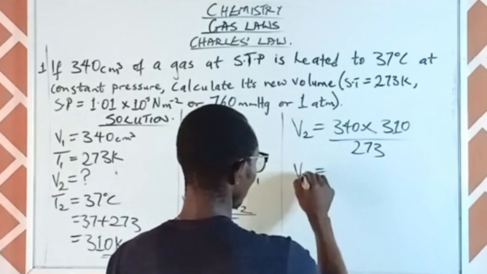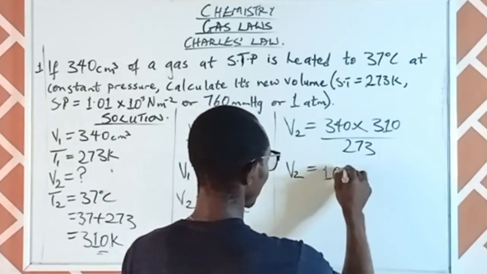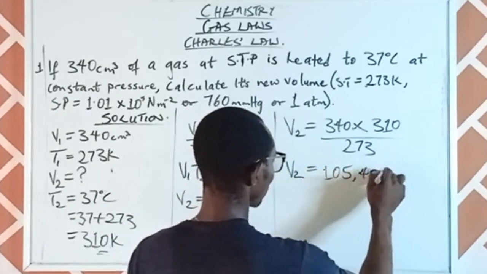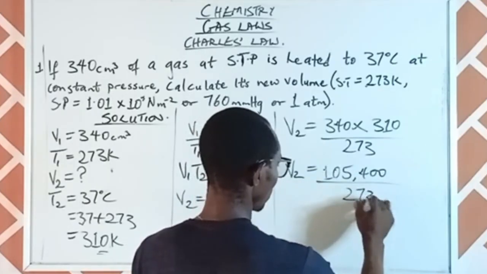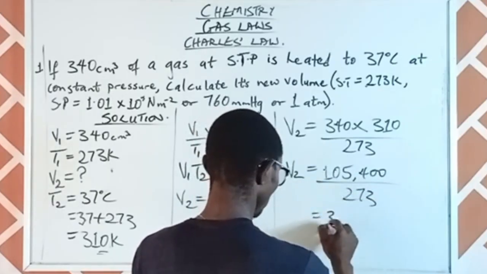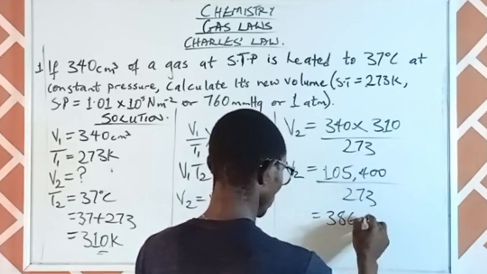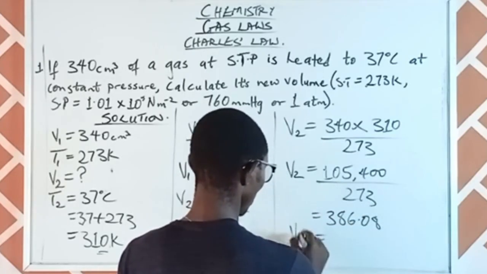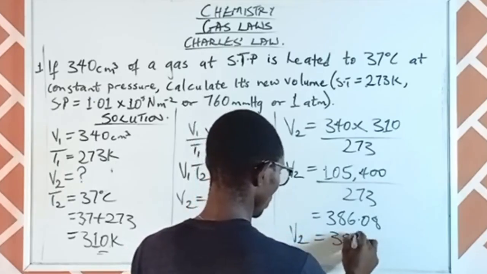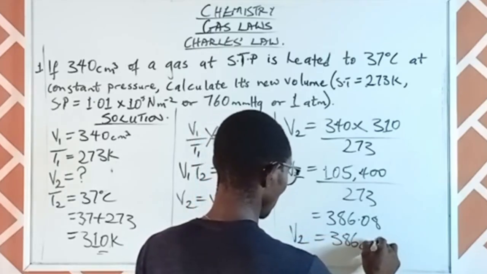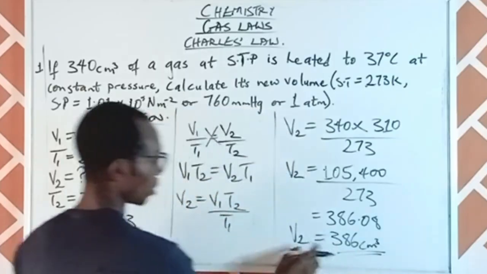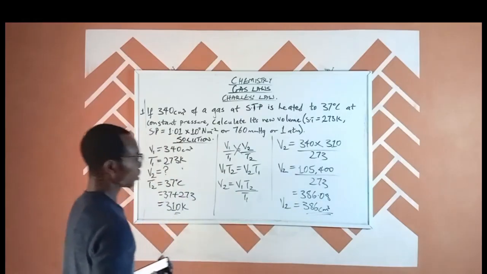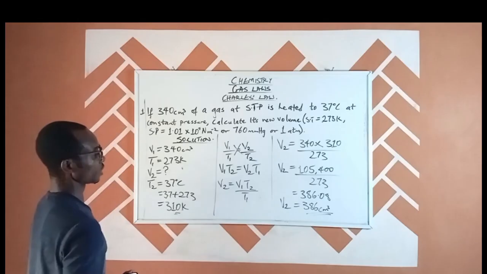And that is going to give us 105,400 divided by 273, giving us 386.08. To whole number, to significant figure, we have our V2 to be 386 centimeter cube. Since it is a volume, we have it to be in centimeter cube. So that is how that first question is going to be answered.